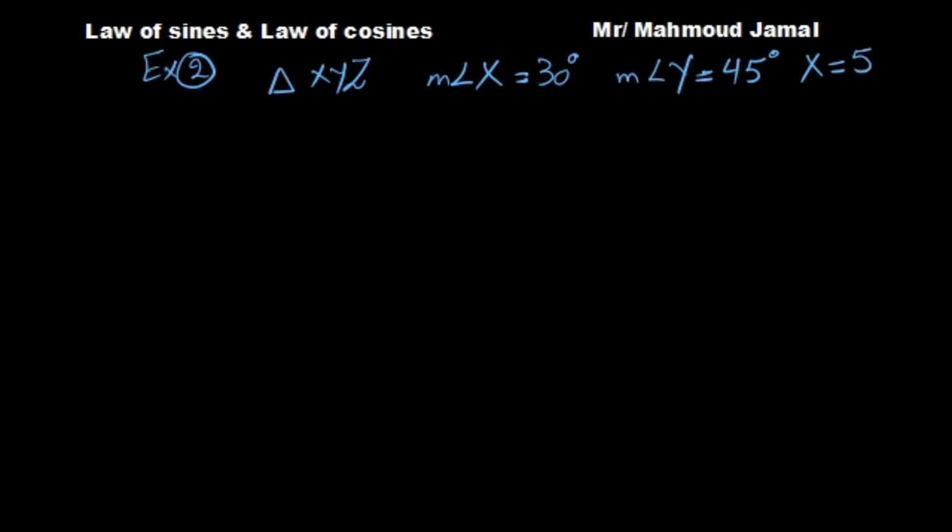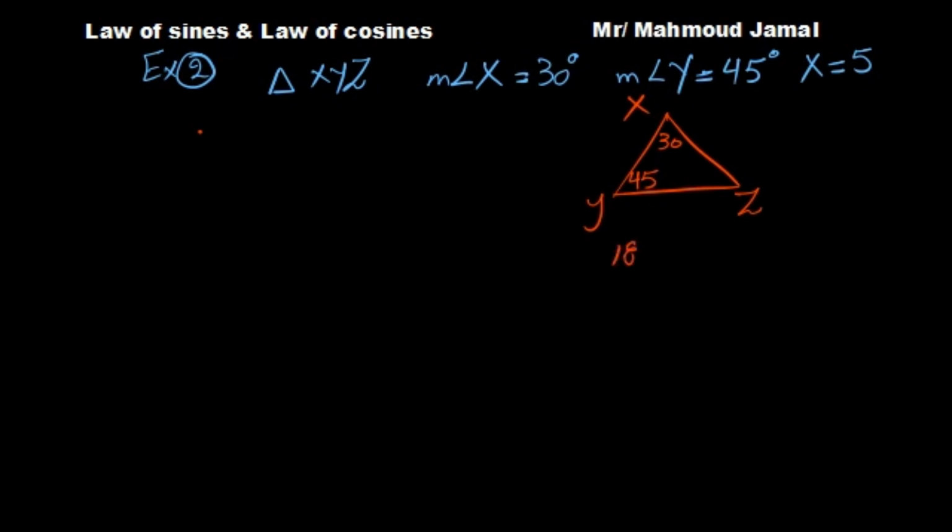How do we find the other three elements? I will start by drawing the triangle XYZ, and we have that X is 30, Y is 45. So I can find out Z.